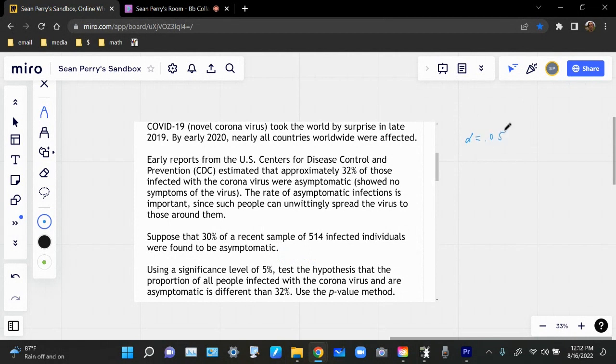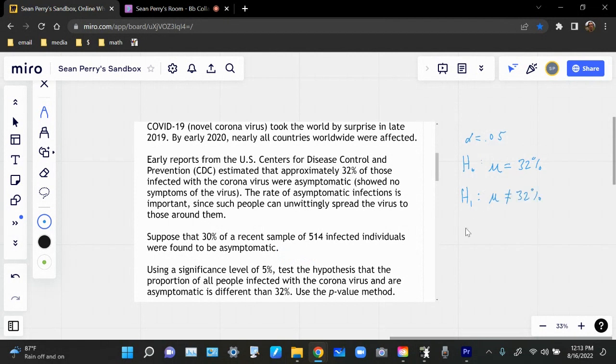They have told us that the CDC said, so this is going to give us our null hypothesis, our claim to test, that the proportion was actually going to be equal to 32%. The alternative hypothesis, on the other hand, says that it is different from 32%.